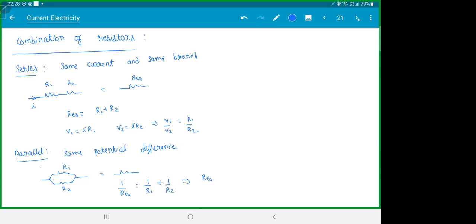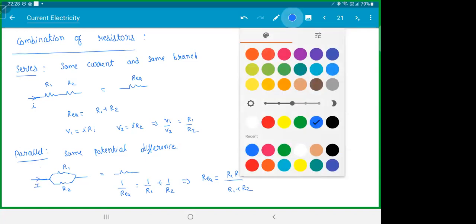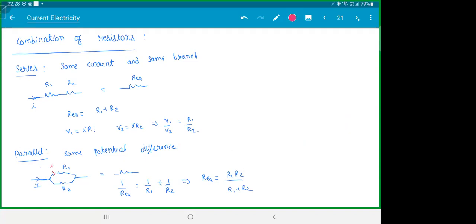So we get R equivalent is R1 R2 by R1 plus R2. If you take this current to be I, and if this current splits into I1 and I2, I1 by I2 will be in the ratio of opposite resistances. More resistance, less current will flow.